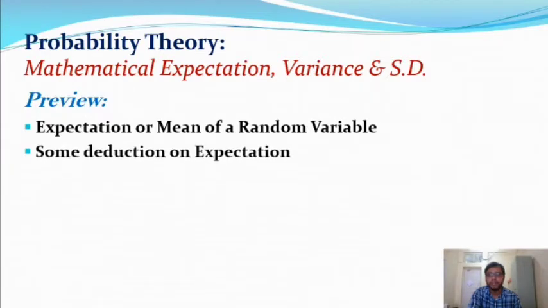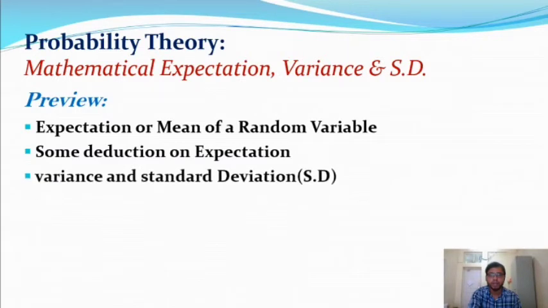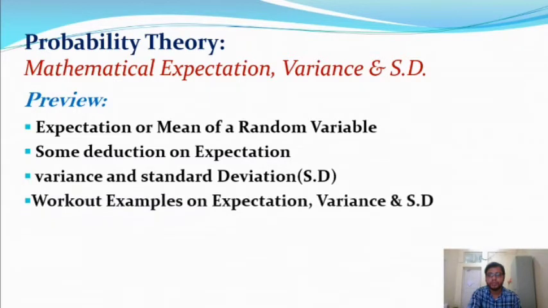After that we discussed some deductions on expectations, or formulas and properties of expectations, and then the variance and standard deviations. Then we discussed worked out examples on the expectations, variance and standard deviations.